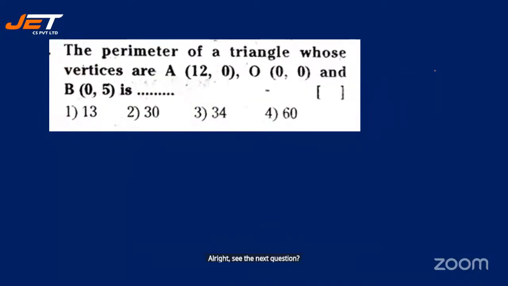The perimeter of a triangle whose vertices are A 12, 0, O 0, 0, and B 0, 5 is dash. They're asking the perimeter of the triangle. Yes, students, you work it out and then let me know.